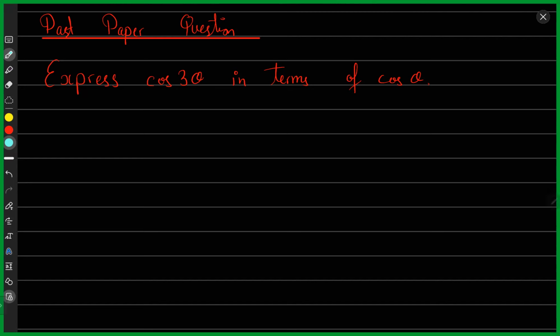In order to prove this, we know that cos 3 theta can be written as cos of 2 theta plus theta. This is what we know. Now I can write this thing using the angle formula.